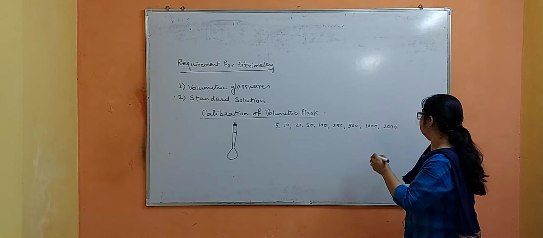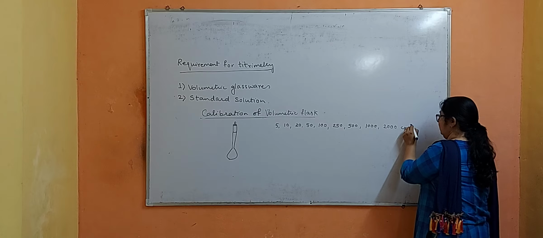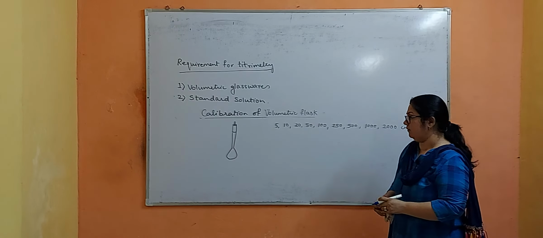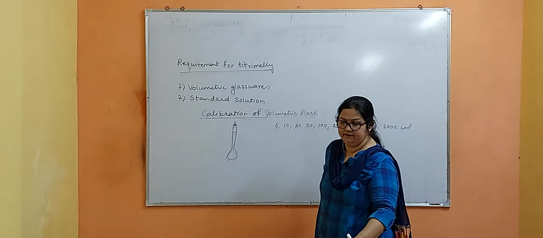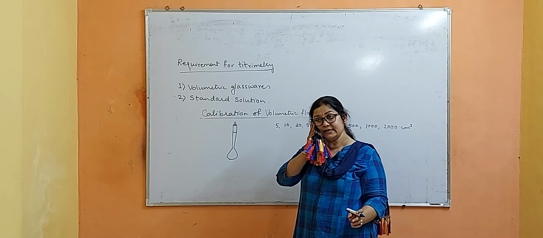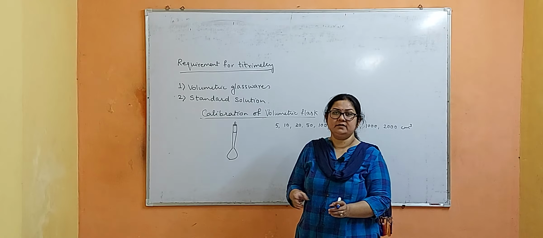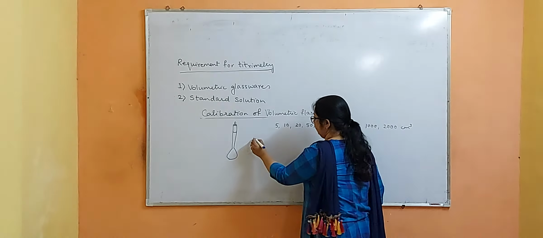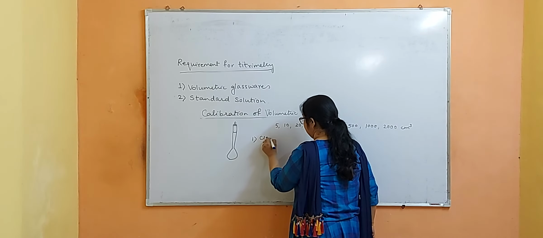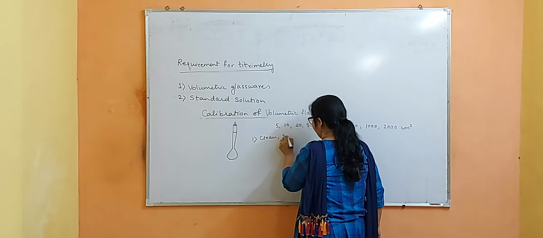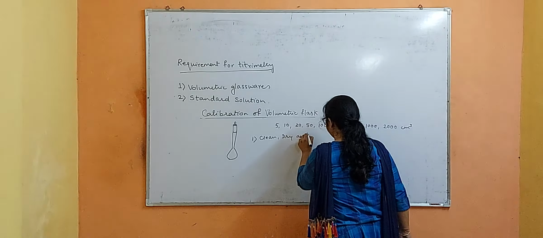These are the sizes in cm cube. Now how should it be calibrated? First of all, you need to clean it, dry it and weigh it. That is the first step: clean, dry and weigh.